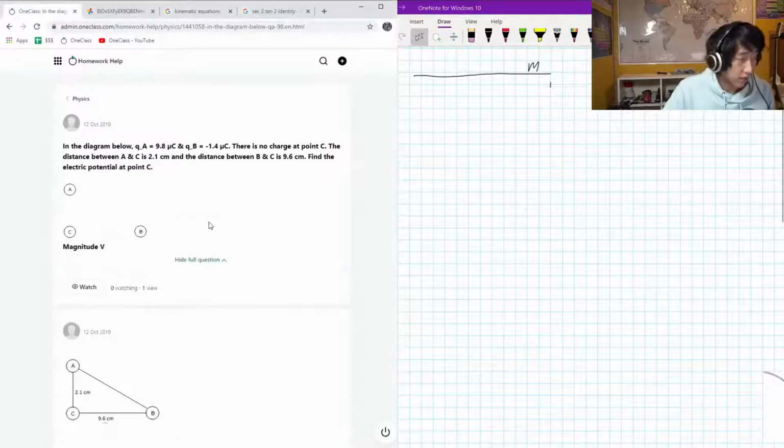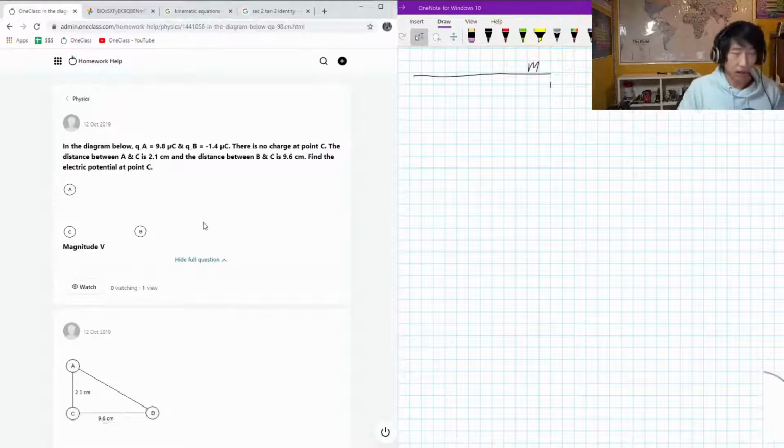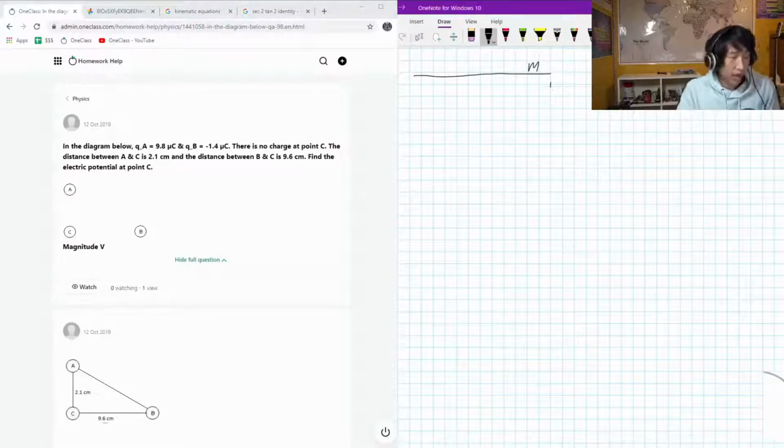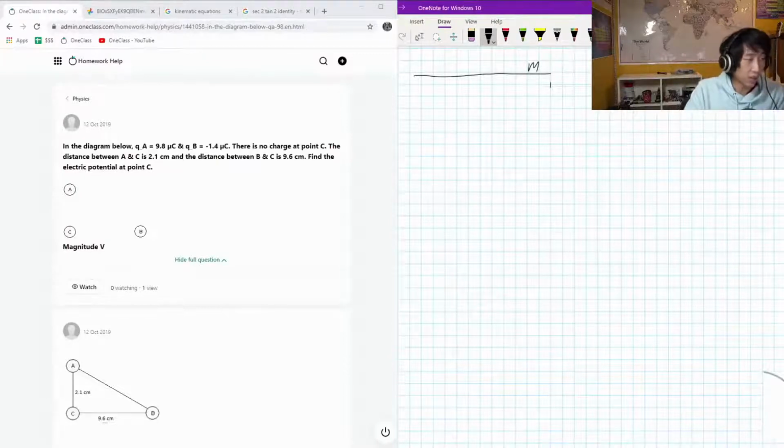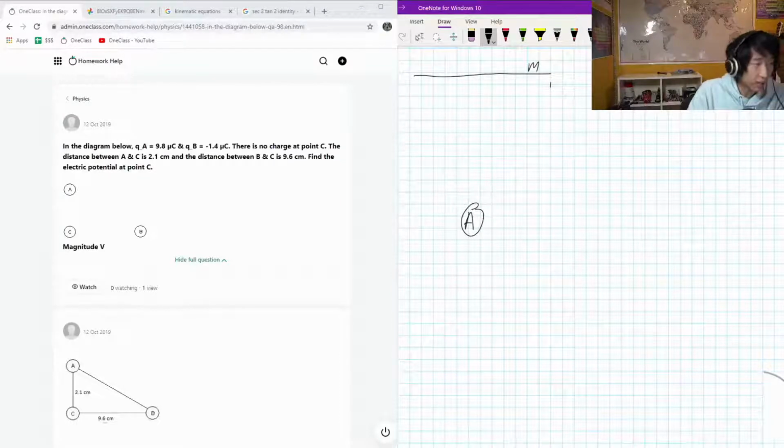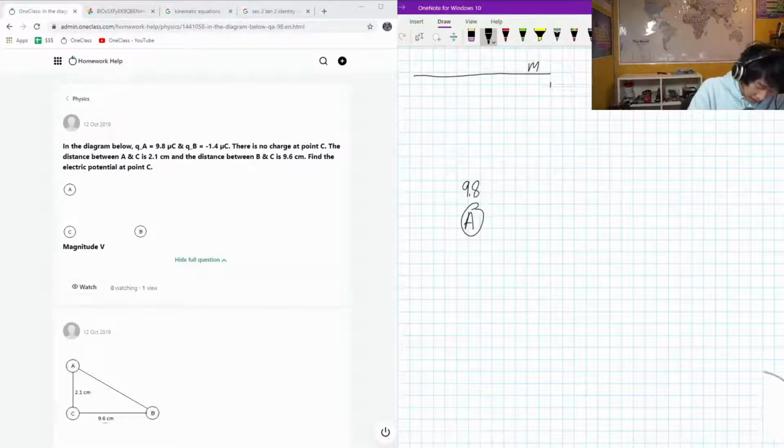Okay, so here we have the next question on the menu today, and it is presenting the situation where we have a triangle where we have one charge like this, charge A, which is 9.8 actually, which is equal to 9.8 times 10 to the negative 6 coulombs.